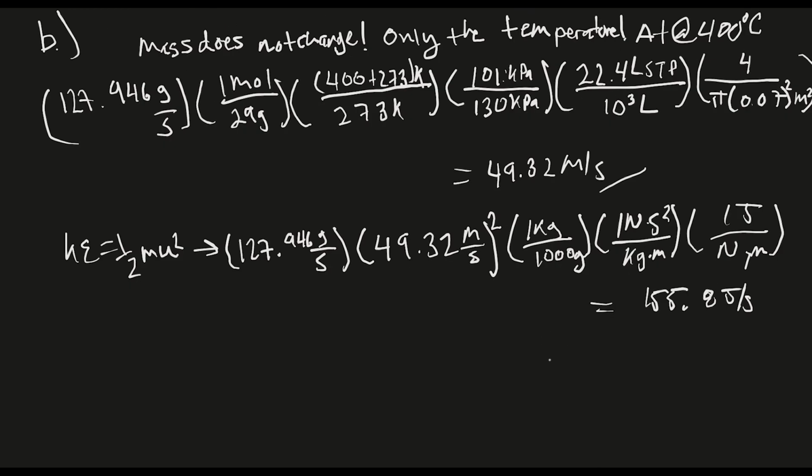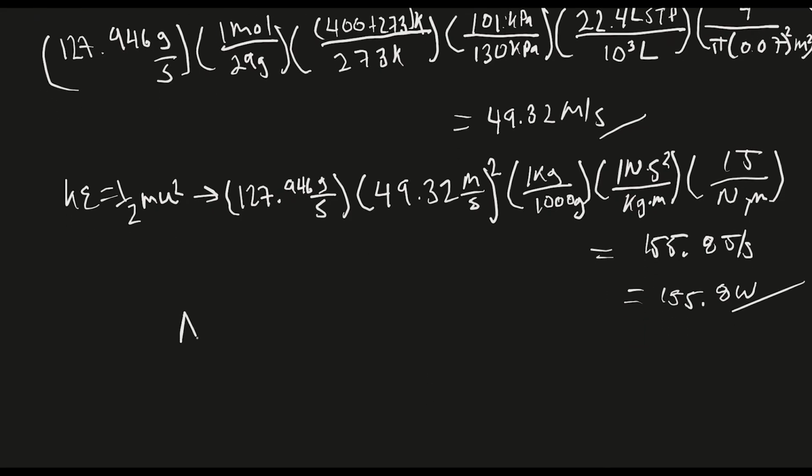So now what? Well, rewrite it. Why not? Now we do this. We write a fancy triangle so it looks like we know what we're doing. Just kidding, we do. Delta KE equals the 400 degrees Celsius wattage minus the 300 degrees Celsius wattage.